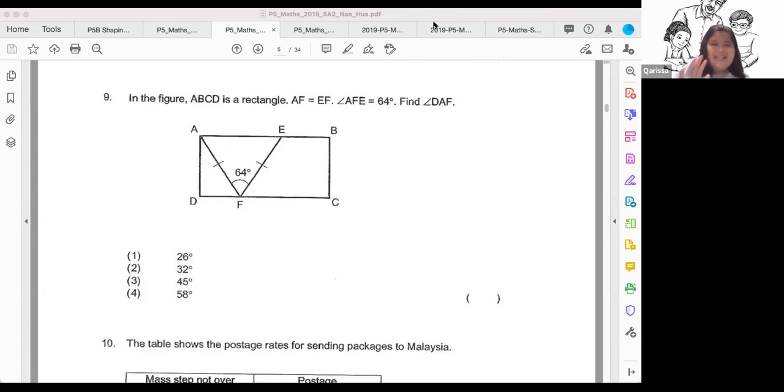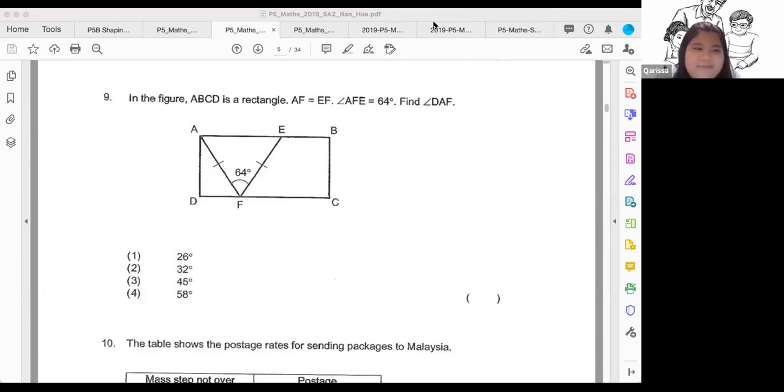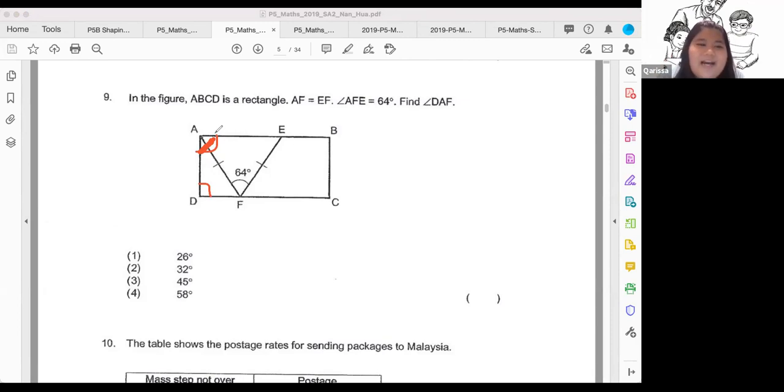Okay, so basically, rectangle, there's 90 degrees at the end. So 90 degrees here, and down there also. Then this triangle here is an isosceles because of these two sides.